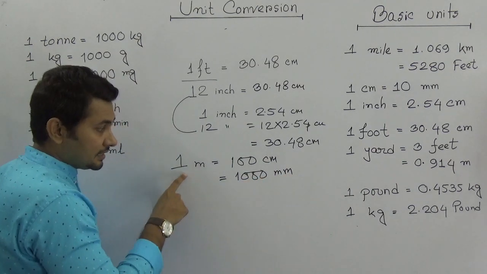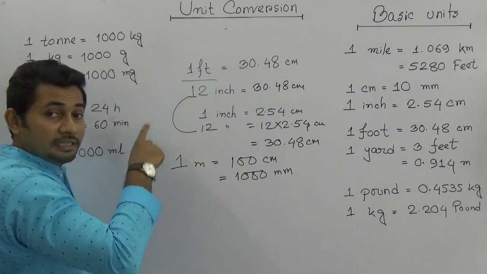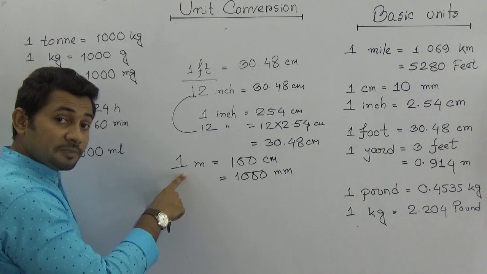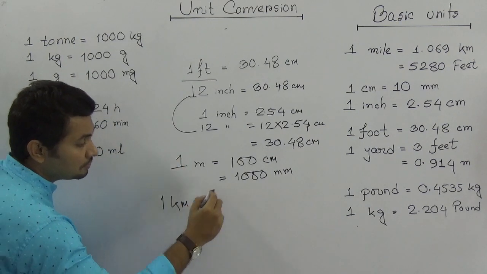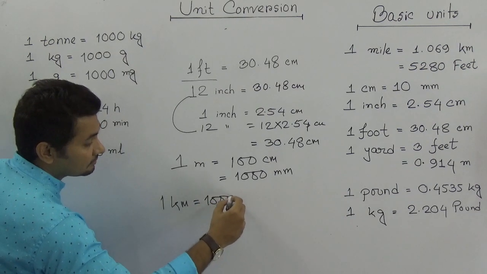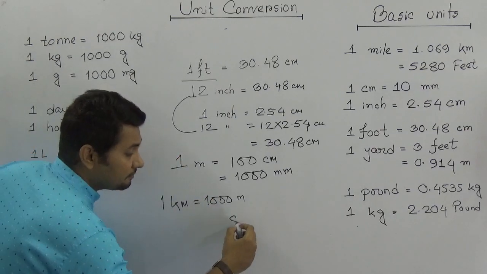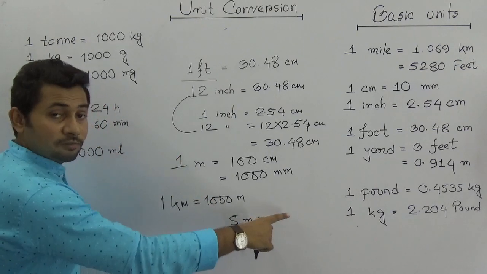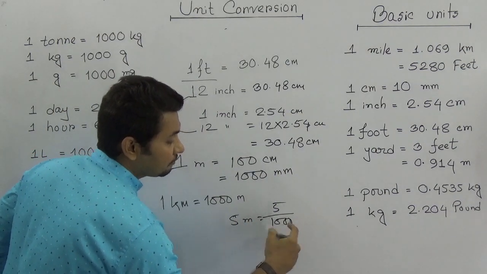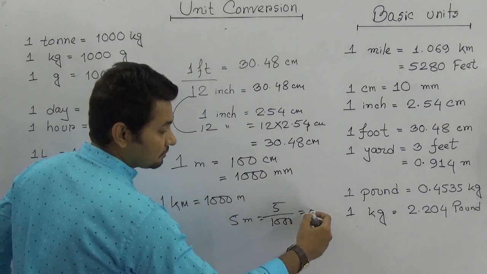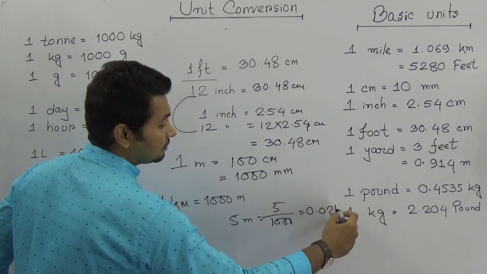And if I exchange this meter into kilometer, then what would it be? From 1 kilometer to meter, that is 1000 meter. But when I explain how many kilometer 5 meter is, I have to divide 5 by 1000. So that is actually 0.005 kilometer.